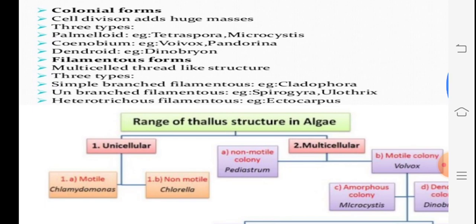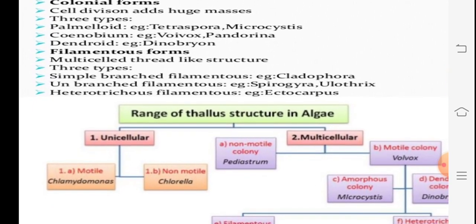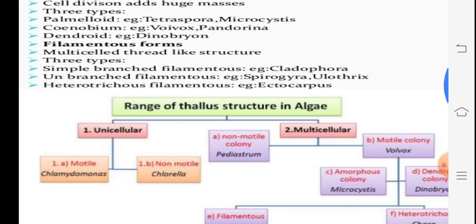Tetraspora is a good example of the palmelloid form. Then coenobium, that is the cavity, as in Volvox and Pandorina. Then dendroid forms are there, like Dinobryon.